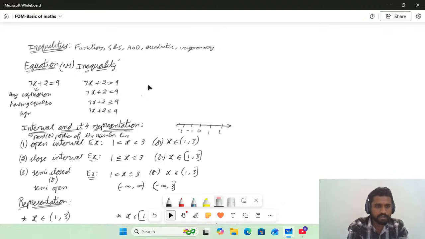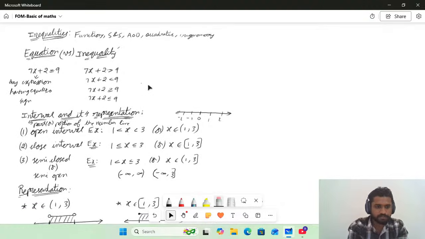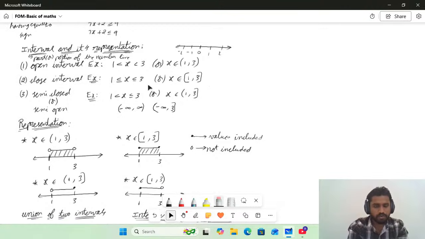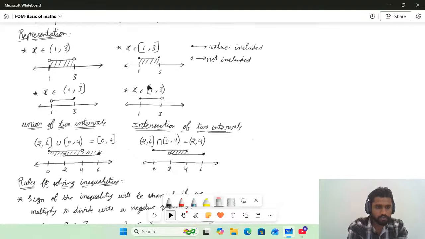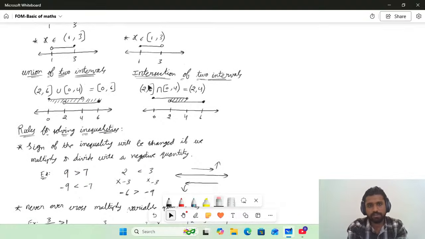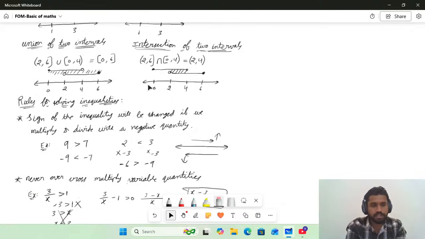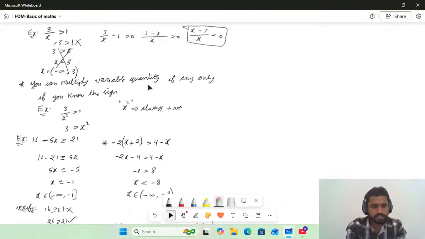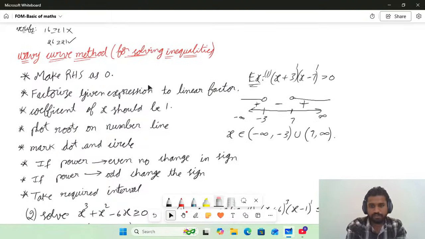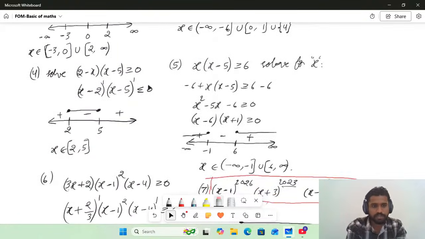The interval and its representation also we have seen: how to represent open interval, closed interval, and semi-open, semi-closed. Operations on intervals, union as well as intersection, and rules for solving inequalities. After that, the Wavy curve method for solving inequalities also we have completed.